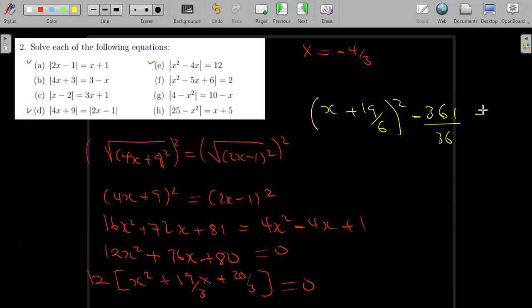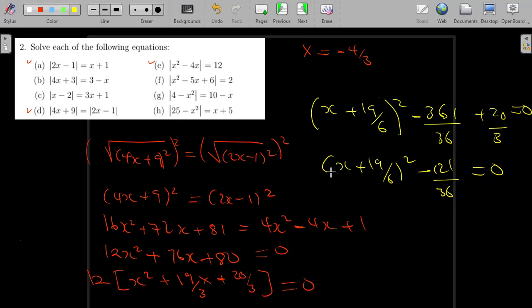Then you have plus 20 over 3 equal to 0. So what's that going to give me? I can simplify that. So 20 over 3, then minus 361 over 36, and this simplifies to x plus 19 over 6 squared, minus 121 over 36, and this will be equal to 0.